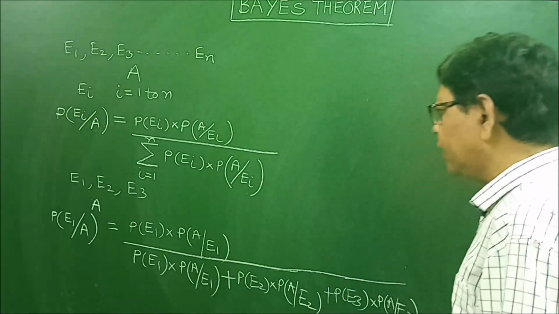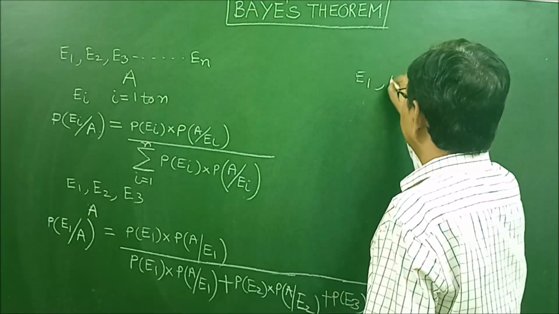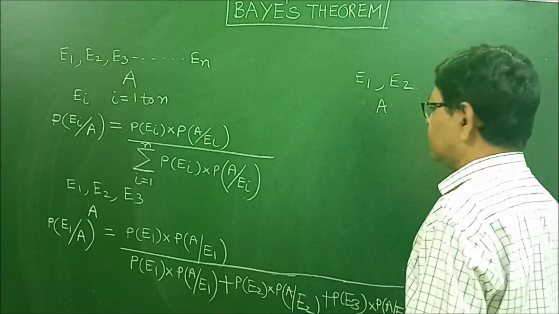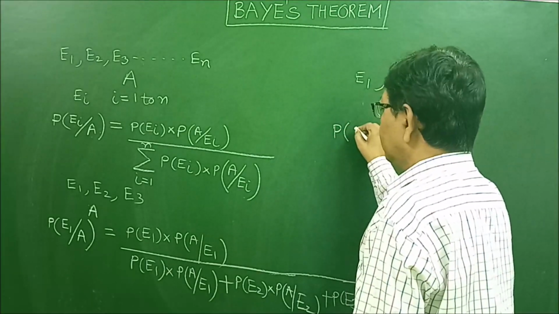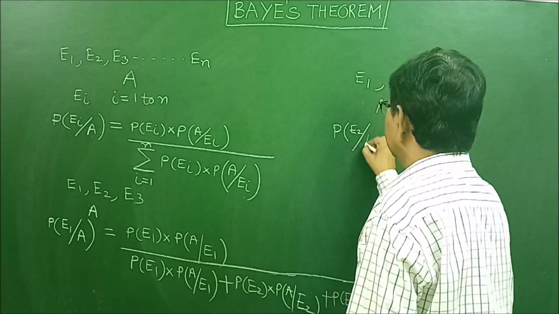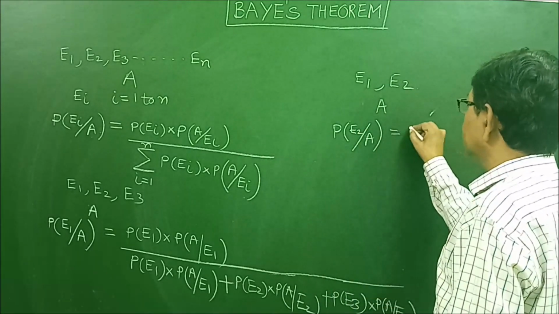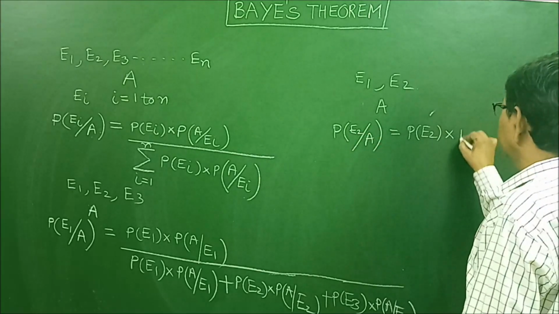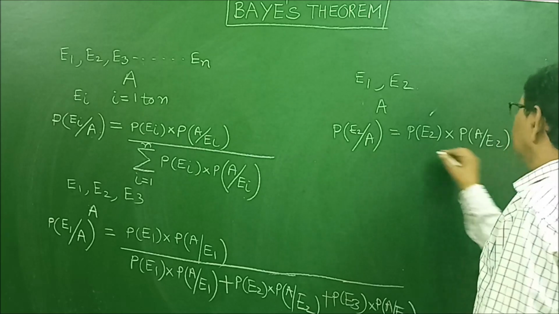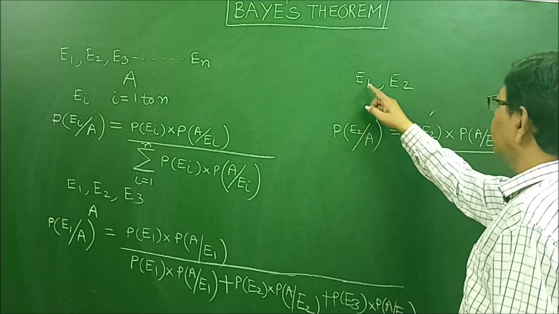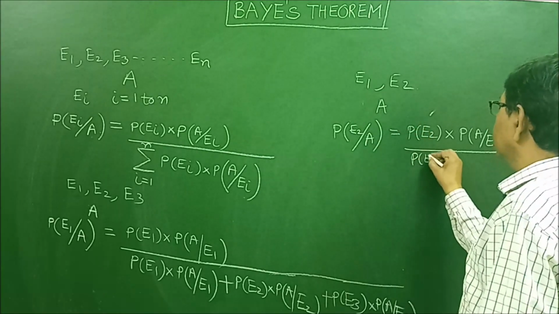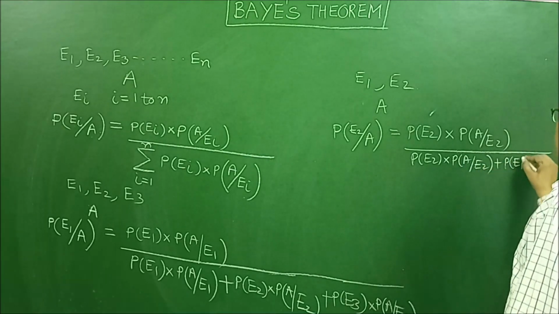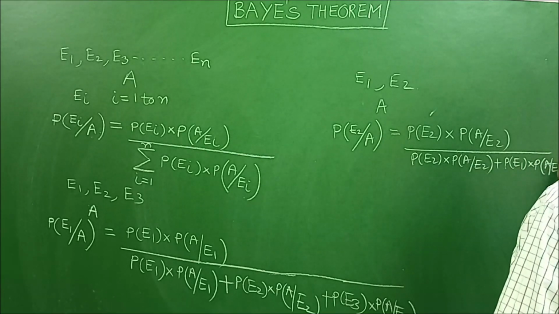Now if we have two events, then what will happen? If there are two events E1 and E2 which are mutually exclusive, and with either of these events another event A occurs, and we want to find the probability of, suppose, E2 given A, then we can write this is equal to probability of E2 into probability of A given E2, upon the sum of all probabilities: probability of E2 into probability of A given E2 plus probability of E1 into probability of A given E1.